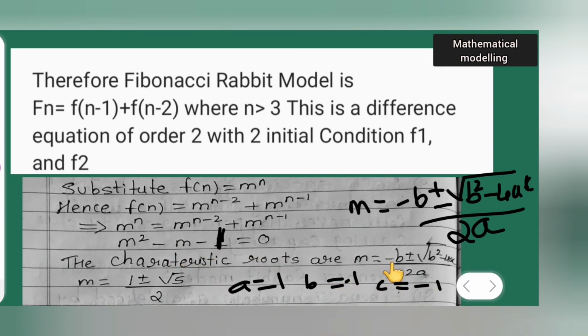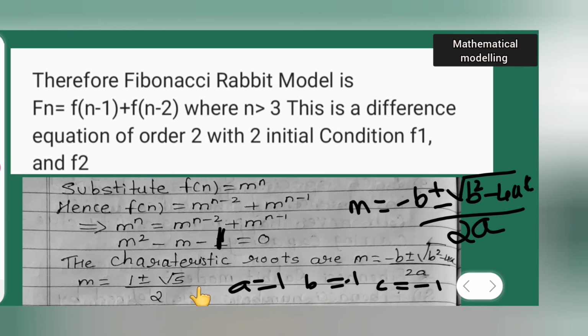Now minus into minus will be plus 1, so 1 plus or minus. Now root as it is. B square is nothing but 1, because minus into minus square is positive. Minus 4ac is 4 into c, which is minus 1, so it will be plus 4. So it will be root 5 upon 2, because 2 into 1 is nothing but 2.